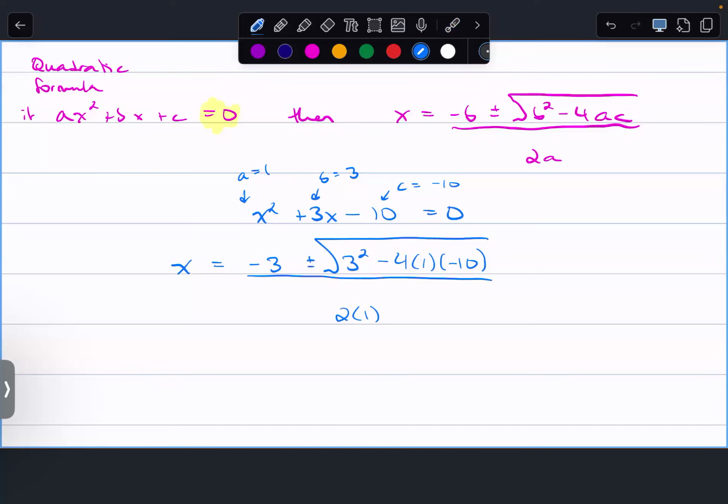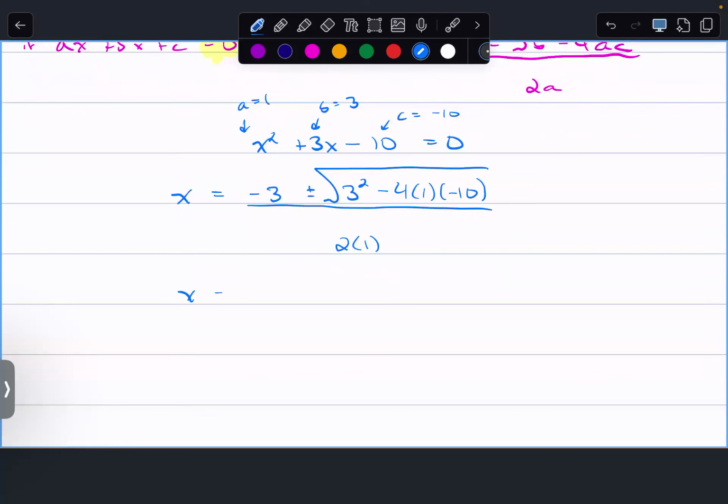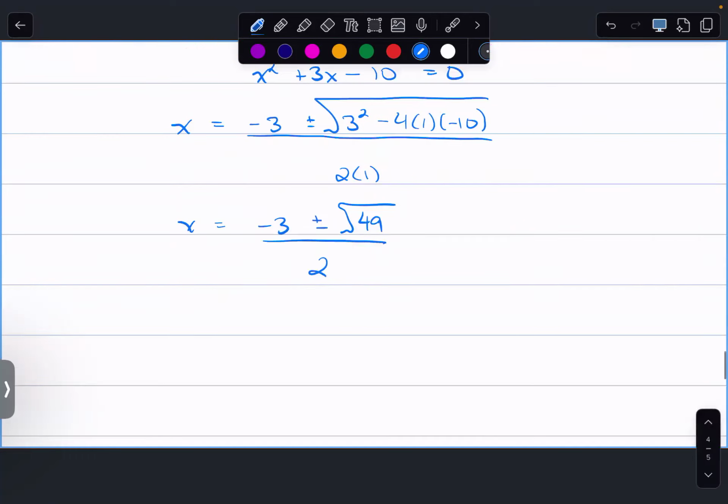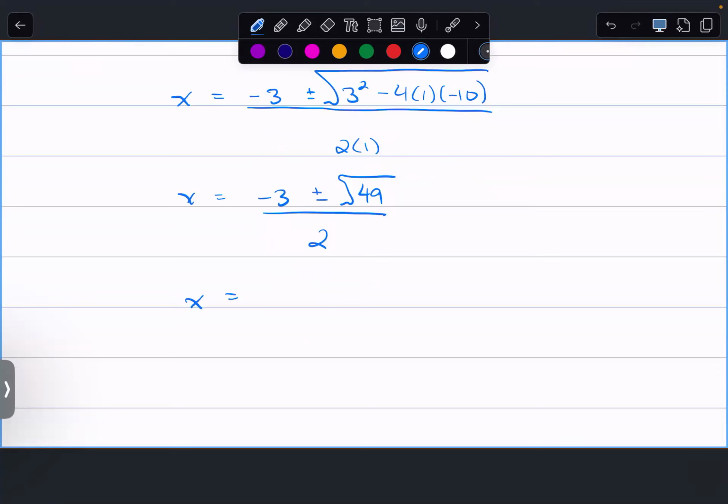Okay. I have negative 3 plus or minus the square root of 9 minus 4 times negative 10. I get 49, divided by 2. The root of 49 is something nice. Phew. Plus or minus 7 divided by 2.